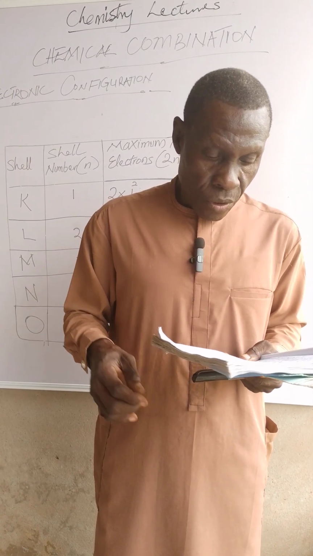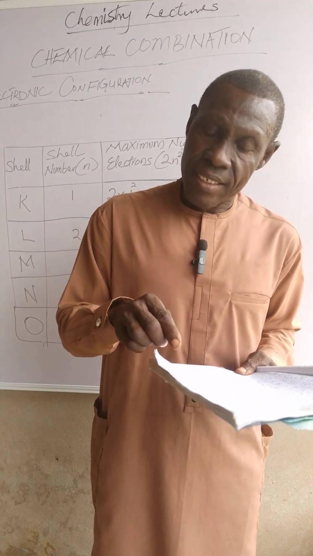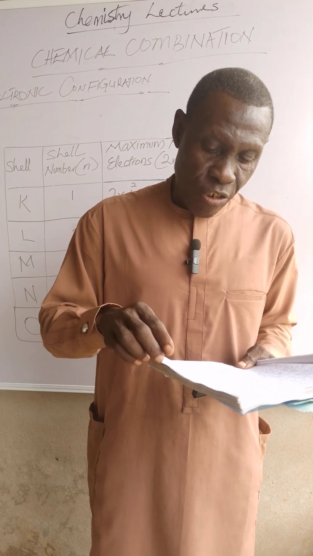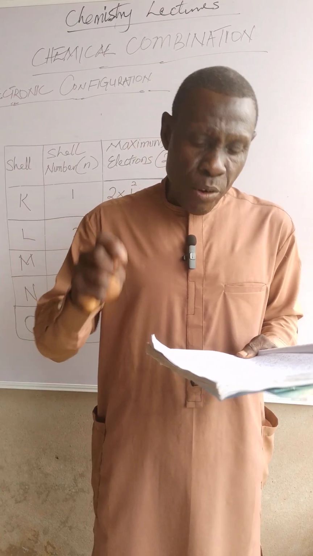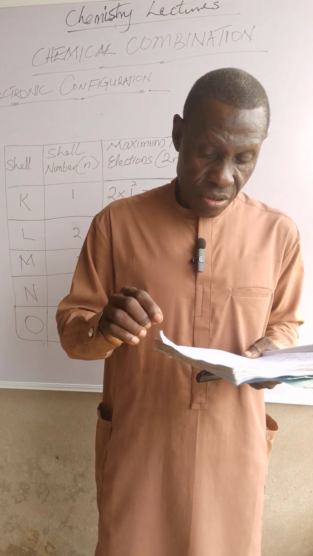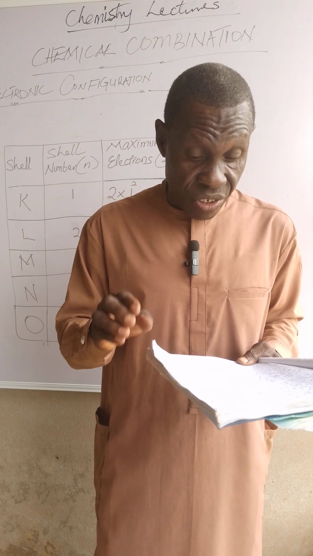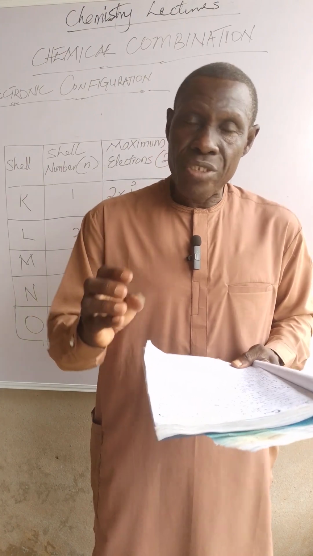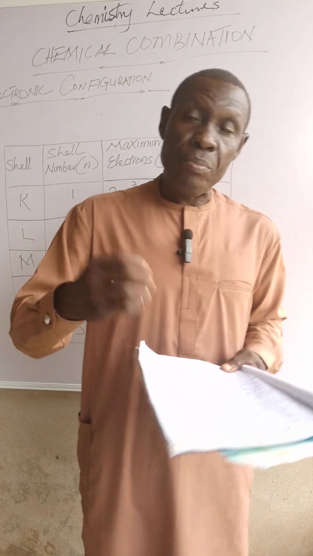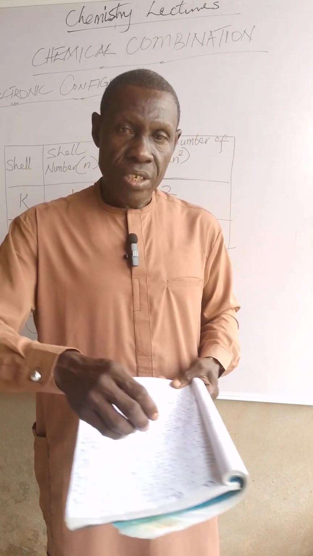The periodic table may also be said to classify atoms by electronic configuration. So the maximum number of electrons in a given shell can be obtained by using a formula. There is a formula we use in determining how many electrons will be in each of the shells as you proceed from the nucleus upwards.